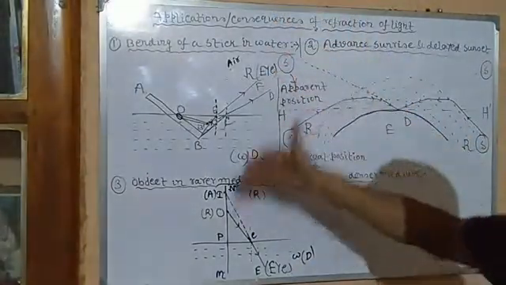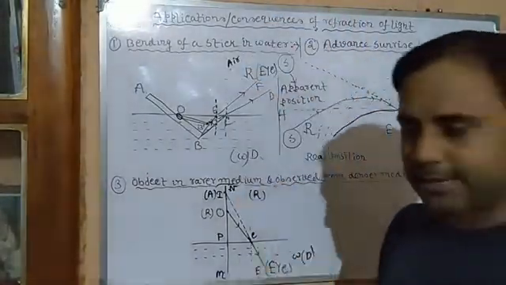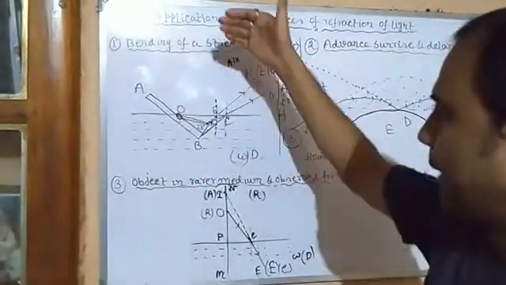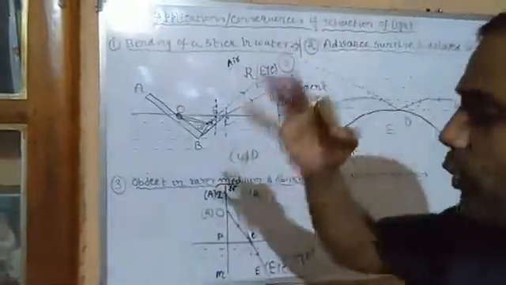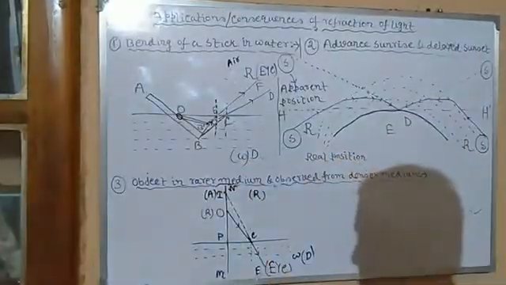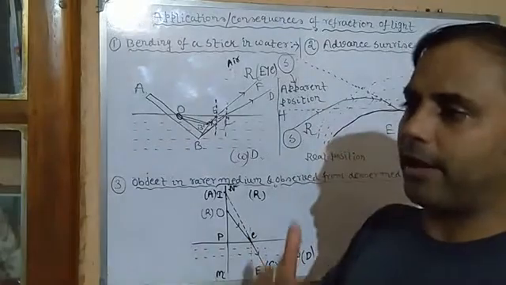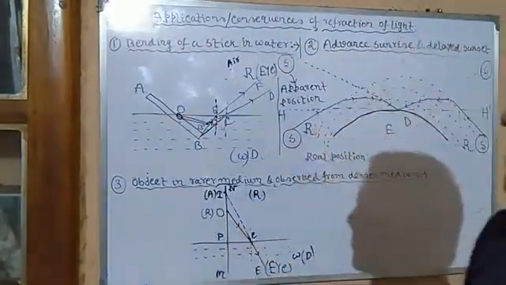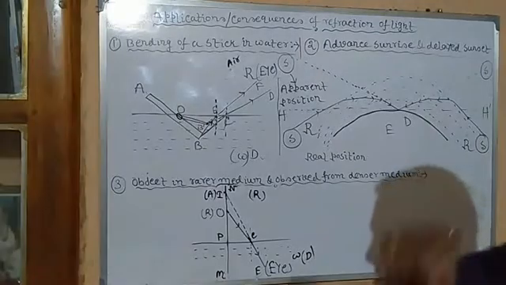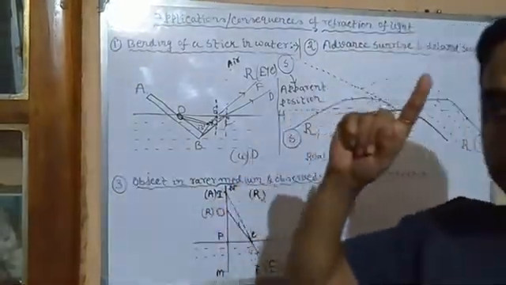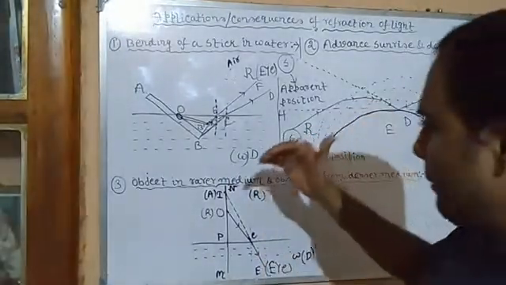So these two are very important and very interesting examples of refraction of light. From these two examples, we can come to this conclusion: if any object is at first placed in any denser medium like water, and it is viewed or observed from a rarer medium vertically above, from air, then a small object appears to be raised up.